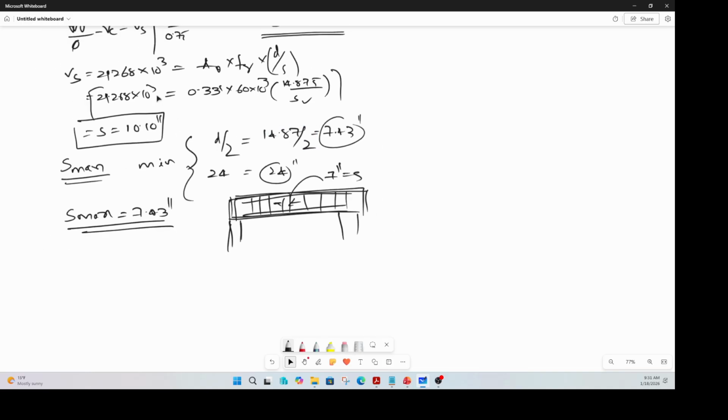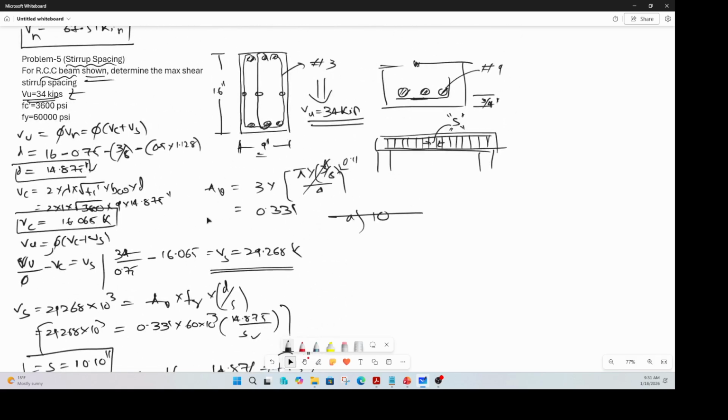Let's recap real quick what we did. We were given the beam geometry, the shear reinforcement details and the details of the main reinforcement: clear cover, diameter of the stirrup bar, and diameter of the main bars. From the overall depth, we found how the effective depth can be calculated.